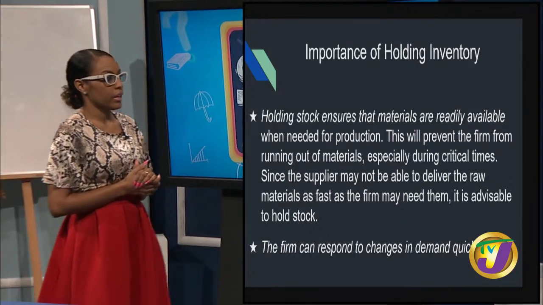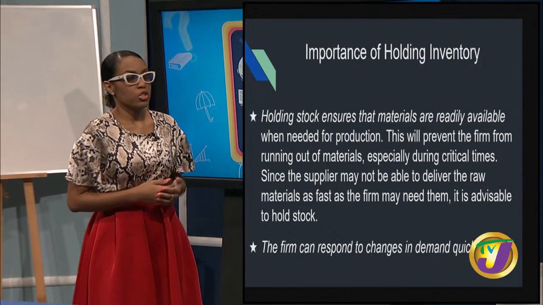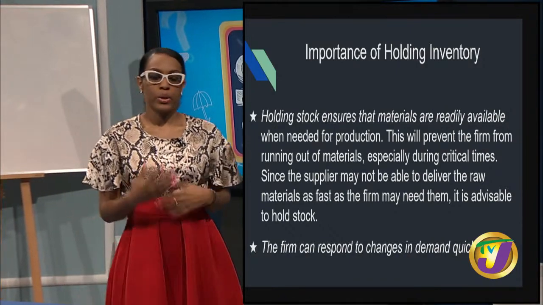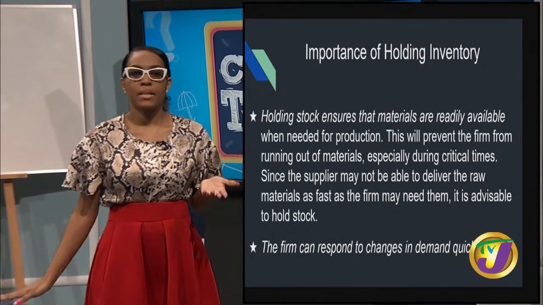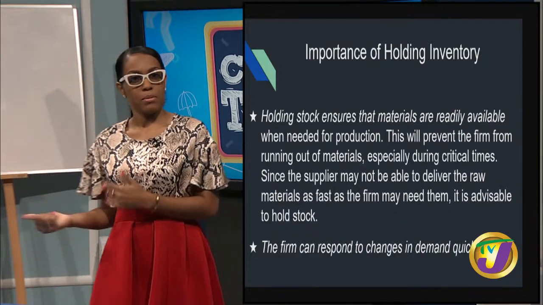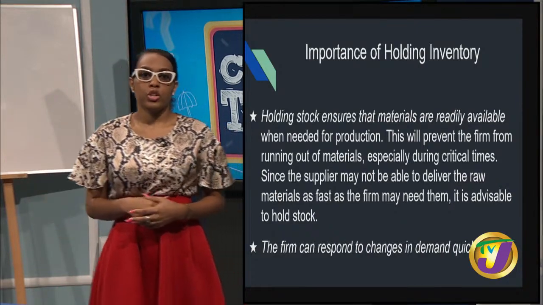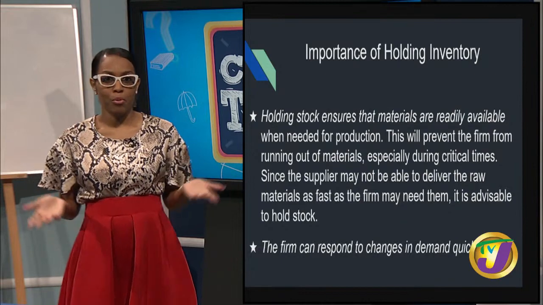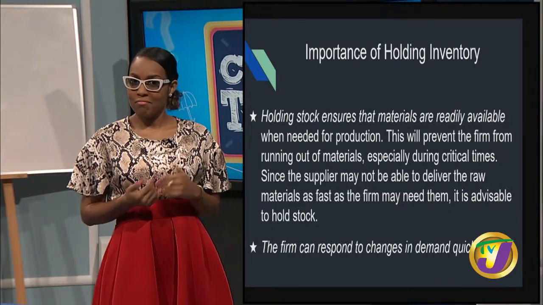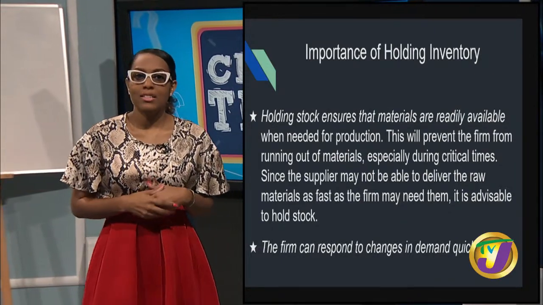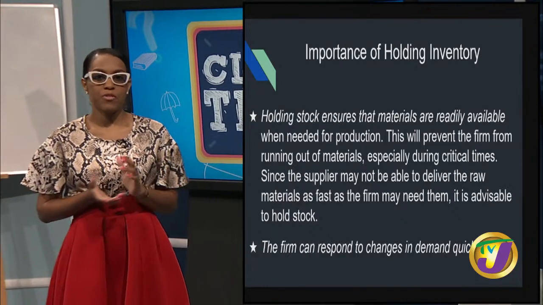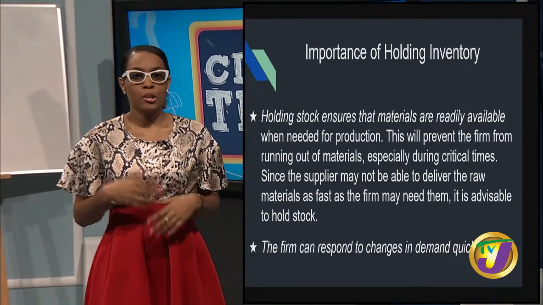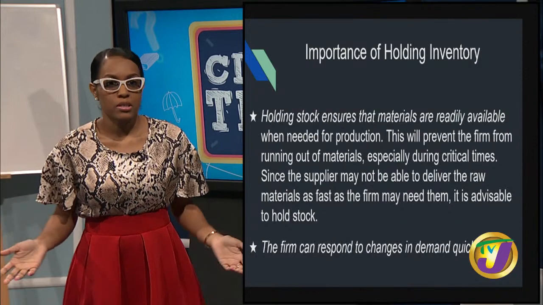The other one we're looking at: the firm can respond to changes in demand quickly. So if we have the raw materials in the warehouse and, for some reason, have more customers coming to us, that is good for us. At least we're not saying, oh, we only have 50 customers to cater for, so we don't need more stock.